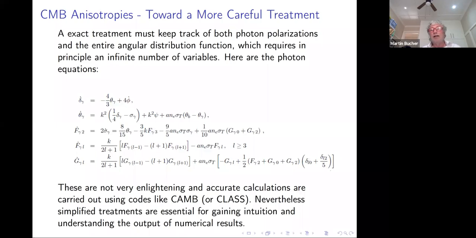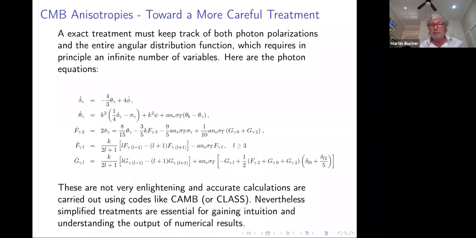And this is where the formulas don't become very enlightening. This is the linearized Boltzmann equations, and at each point you have the angular moments of the photon distribution function.